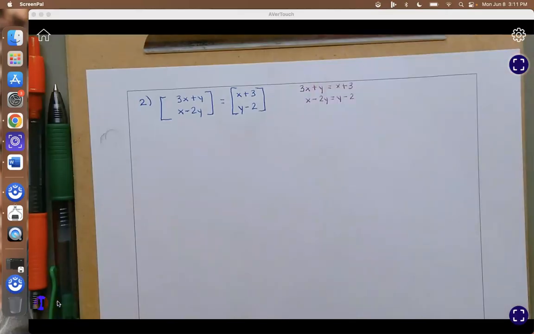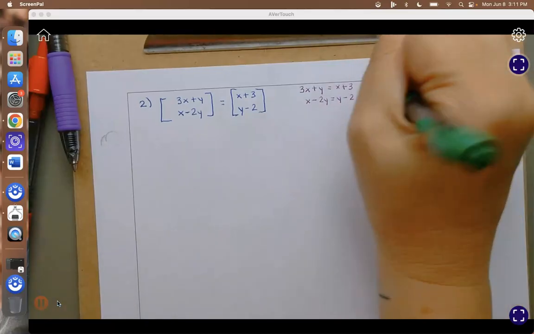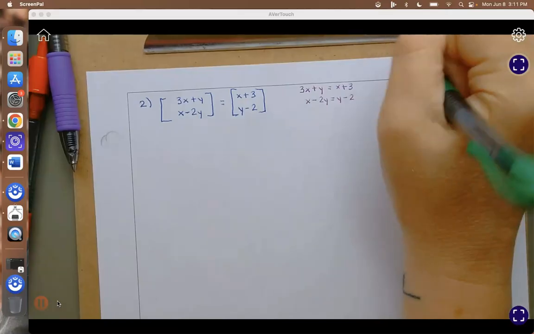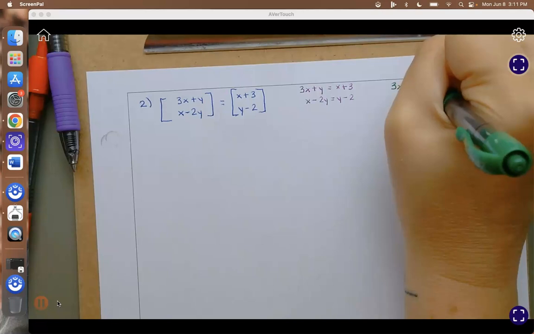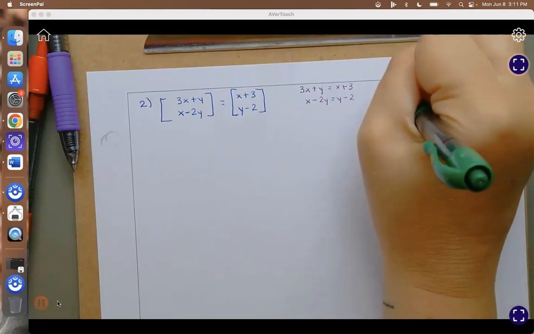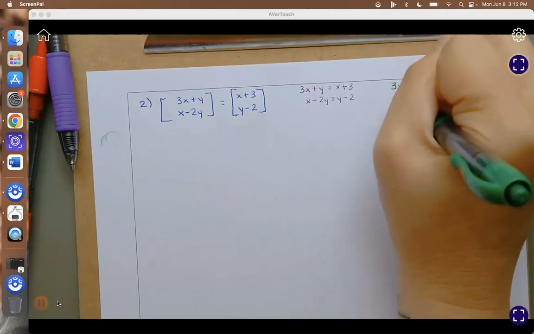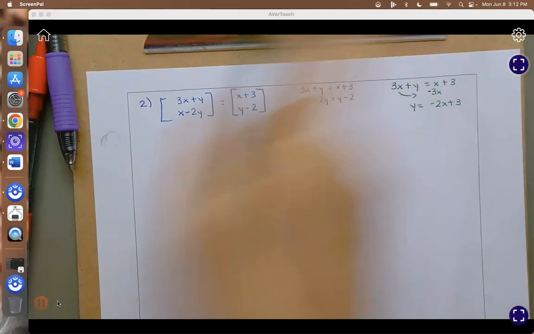Now, we just have to get one of the letters by itself. So I'm just going to work with the first set of equations. And I'm going to get the y by itself. Okay, so I'm going to subtract this 3x over here. So y equals negative 2x plus 3.